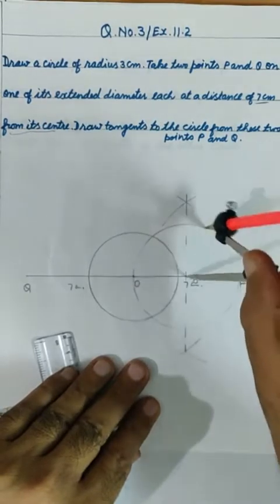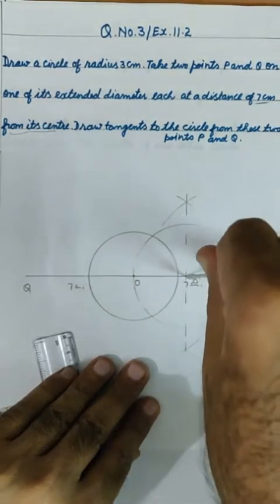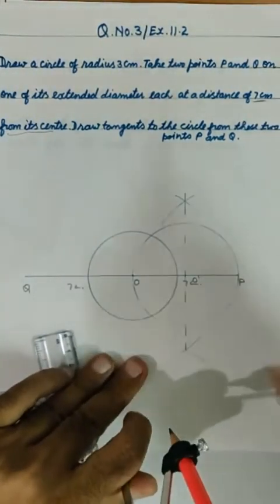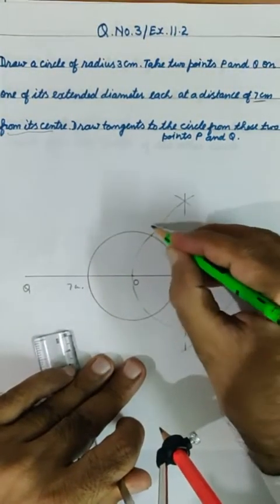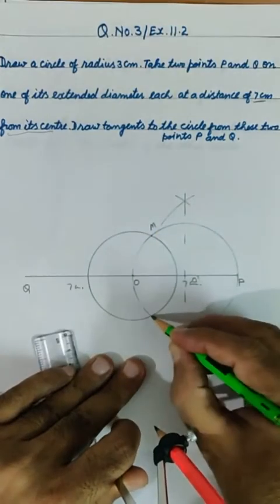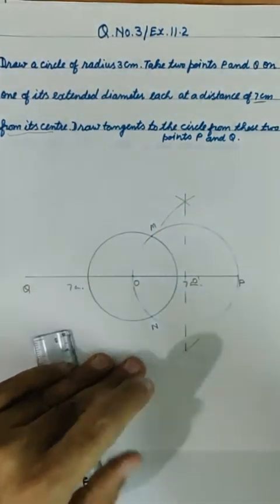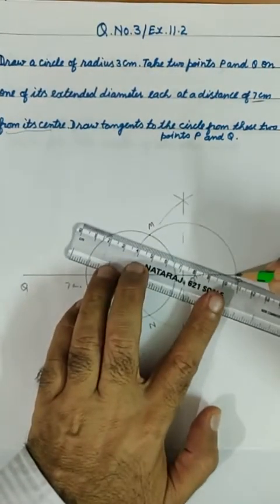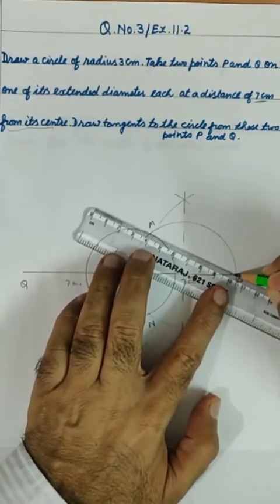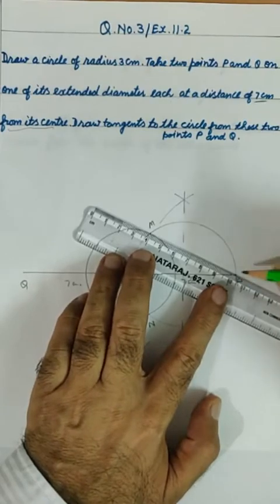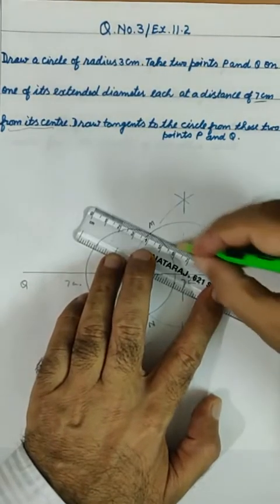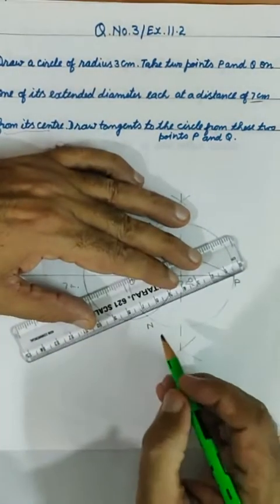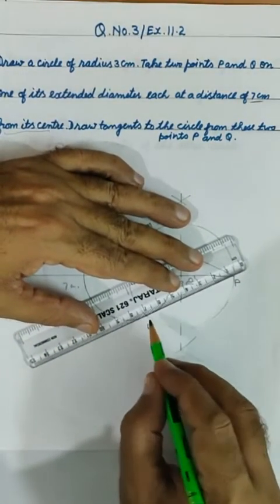The points of intersection where these two circles intersect are the contact points. You can take it as M, and this is N. Now join P to M, and this is PN.